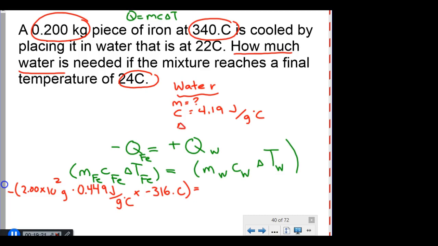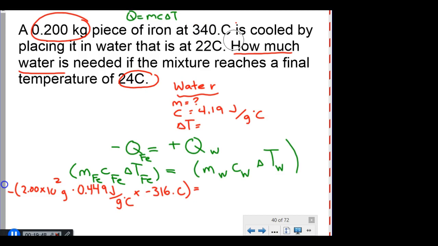We also need a temperature change. Is it going to be the same temperature change as the iron? No. The final temperature of the water is the same as the iron, because once the iron sits in the water for long enough, they're going to be at thermal equilibrium.